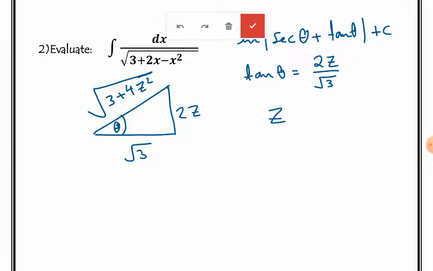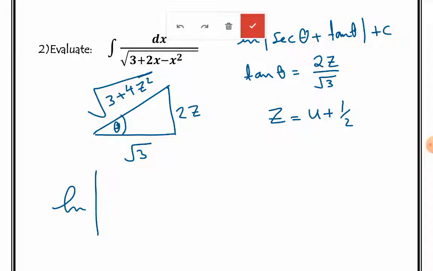So here this part will be at the end the ln absolute value, take care, u plus half is the z.